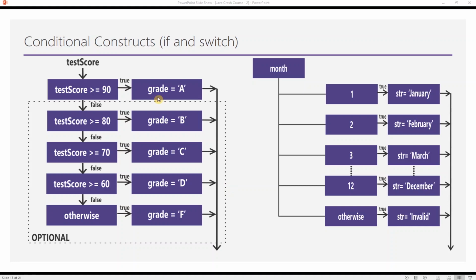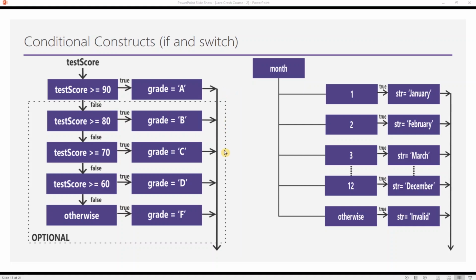We want to evaluate the grade of the student based on his final score. So we are passing in the test score as an input to the if construct. It checks to see if the score attained is more than or equal to 90 by using the comparison operator. If this evaluation comes out to be true, then the grade of the student is set to A, and there is no need to go further and test for other conditions in the pipeline.